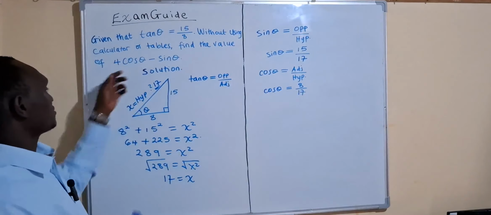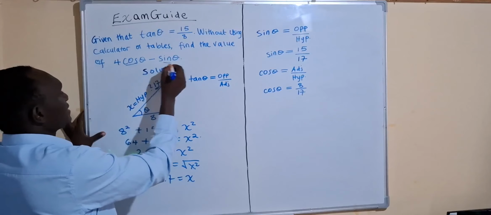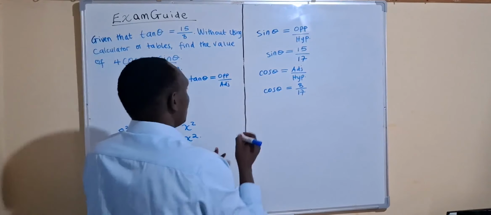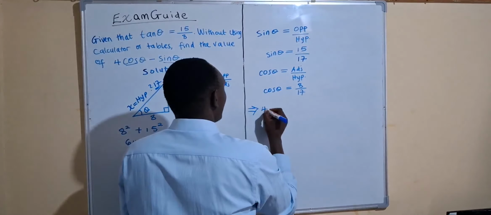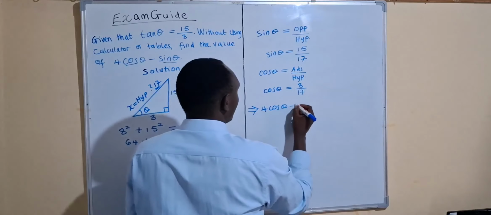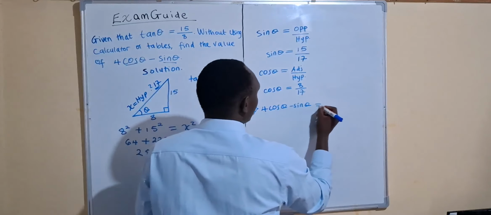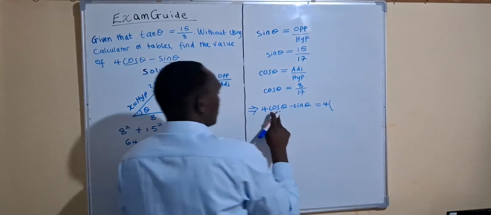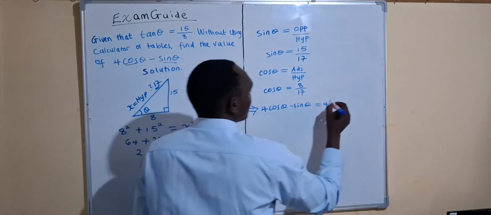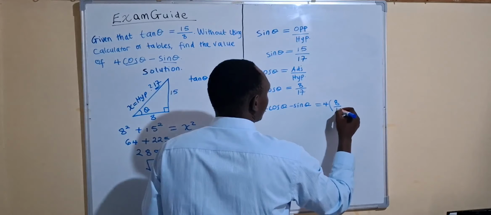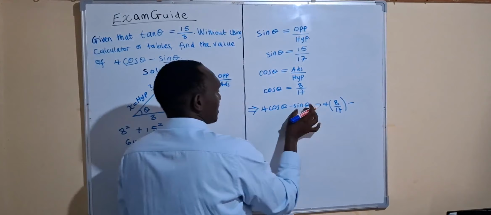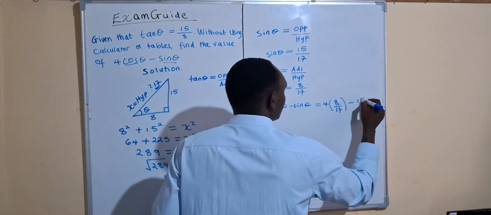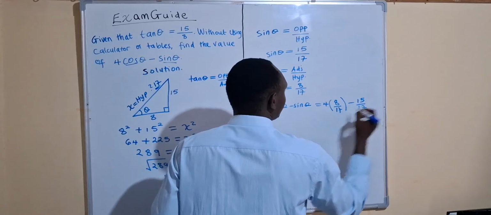So we substitute for cosine and sine to get our solution. 4 cos theta minus sin theta becomes 4 times cosine of theta, which is 8 out of 17, minus sine of theta, which is 15 out of 17.